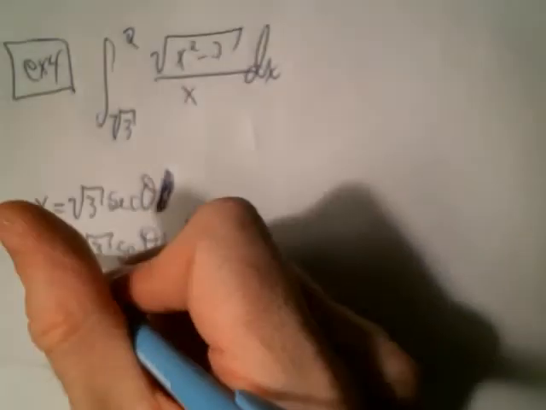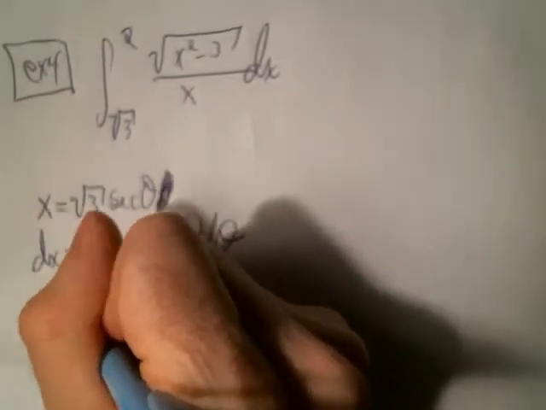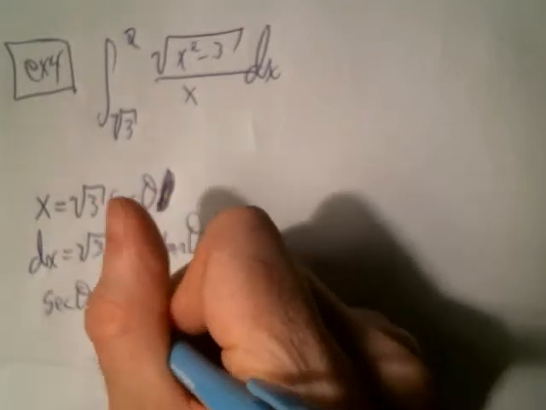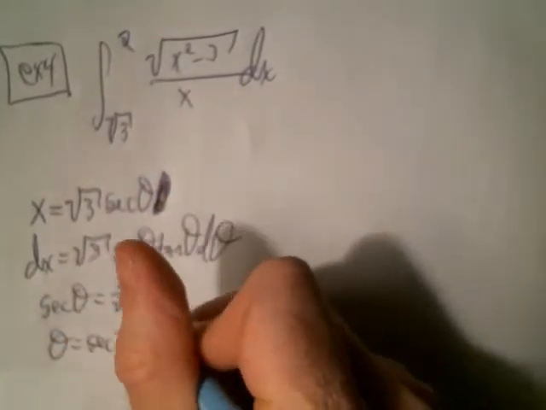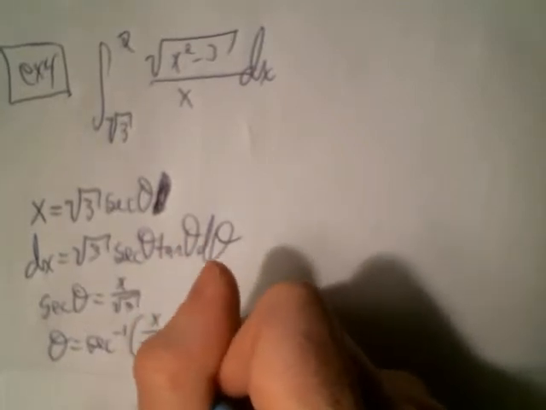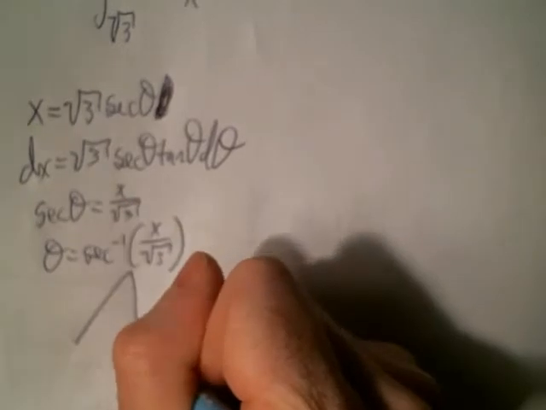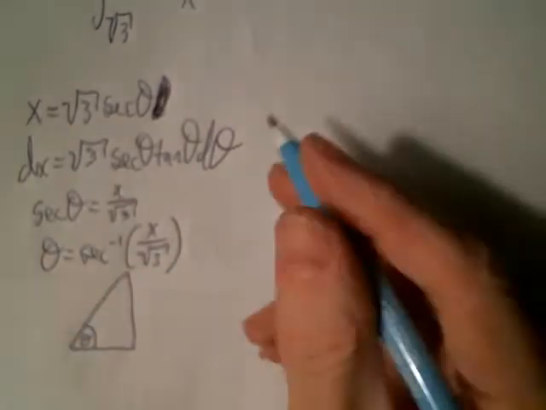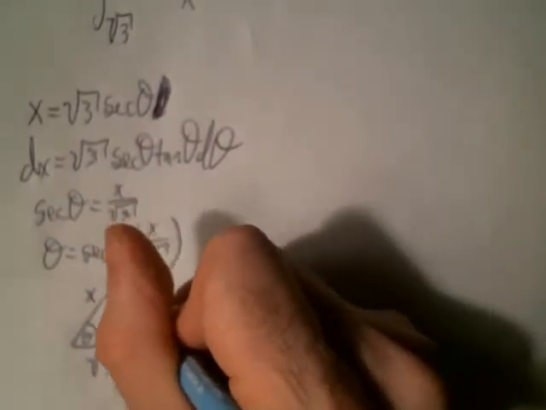Then my triangle stuff: secant theta equals x over root 3, so theta is secant inverse of x over root 3. And then my triangle, secant is hypotenuse all over adjacent, so the last side by the Pythagorean theorem would be square root of x squared minus 3.